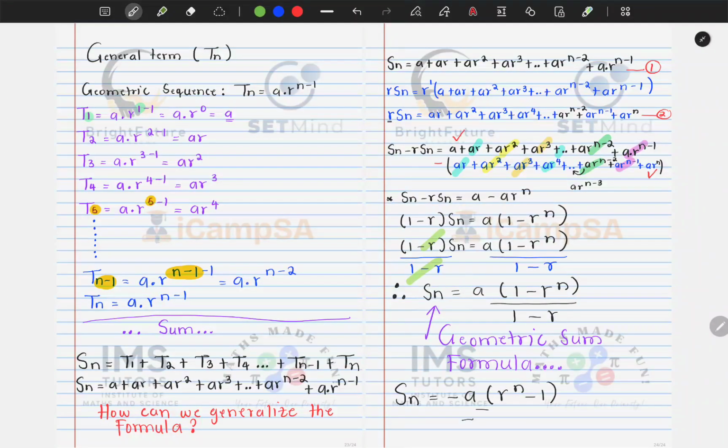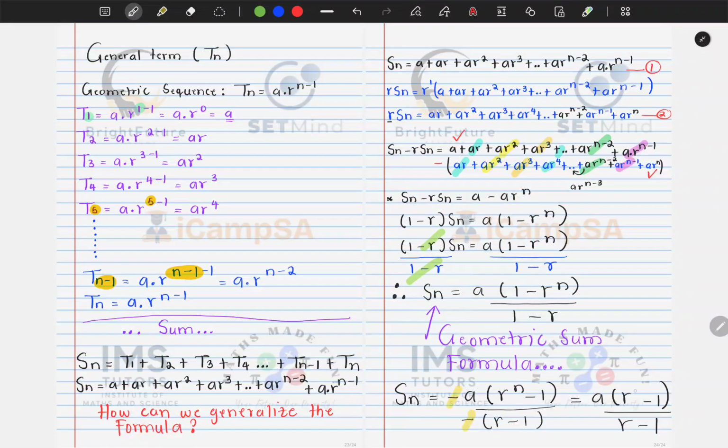On the denominator, we can also pull out a negative so that we have negative (1 minus R), or (R minus 1). And these negatives will cancel so that our other form can be written as Sn equals A(R^n minus 1) divided by (R minus 1).